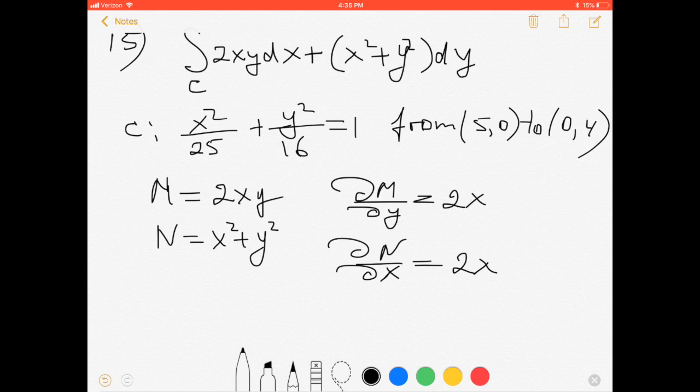This means I can find a potential function because this is equal.